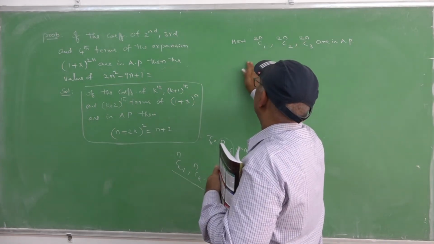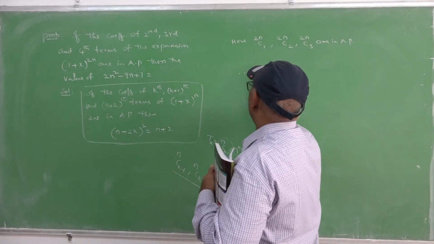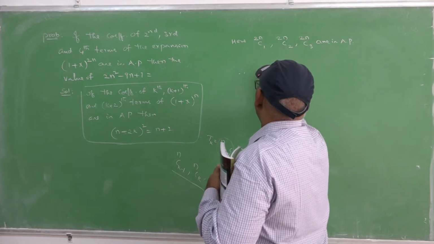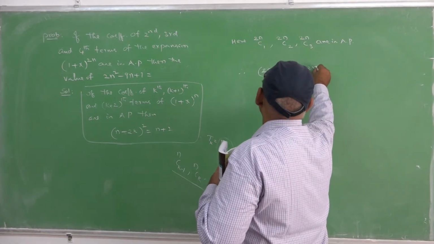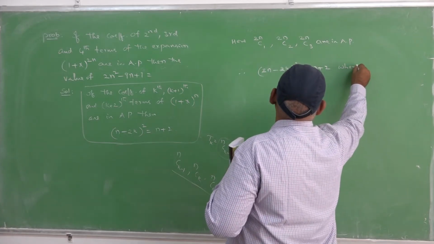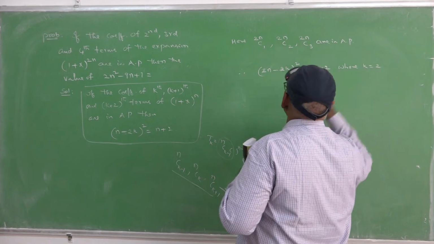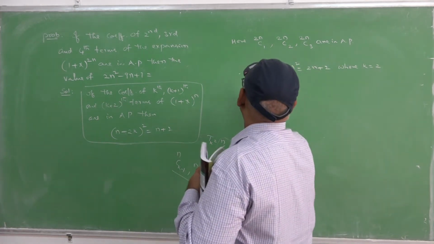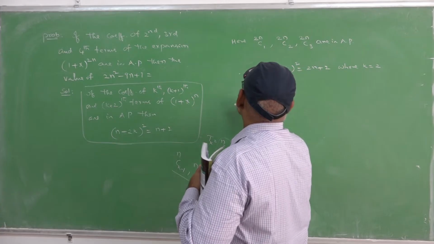Therefore (2n − 2k)² = 2n + 2, where k equals 2.